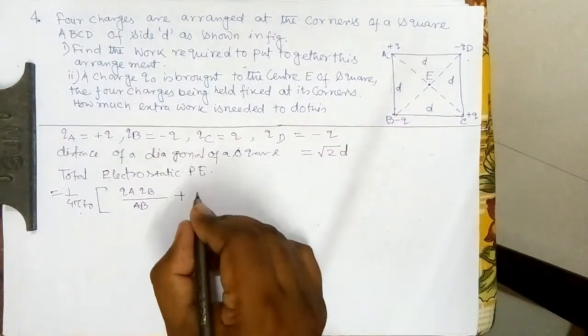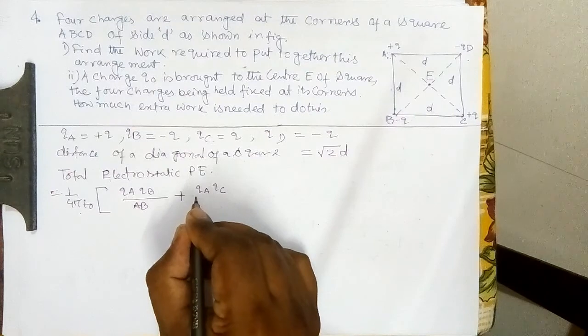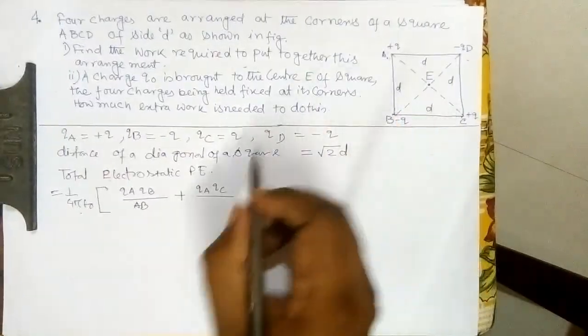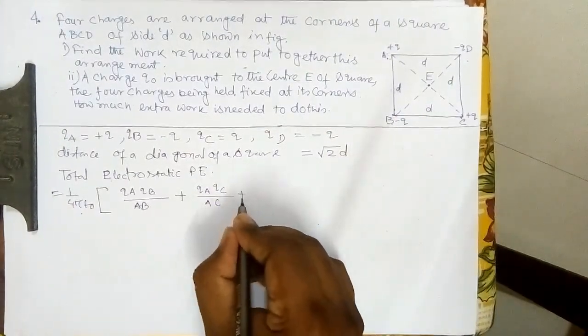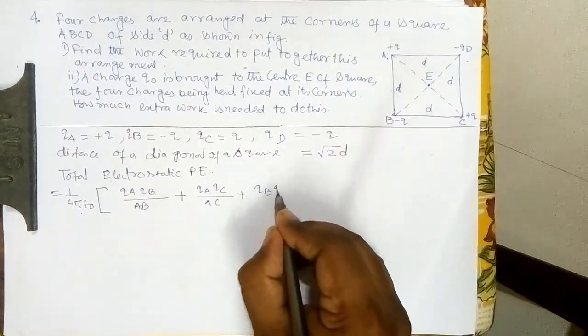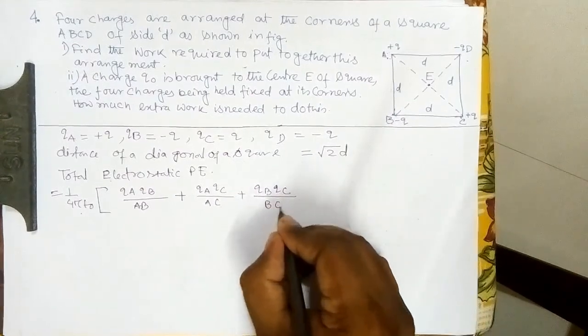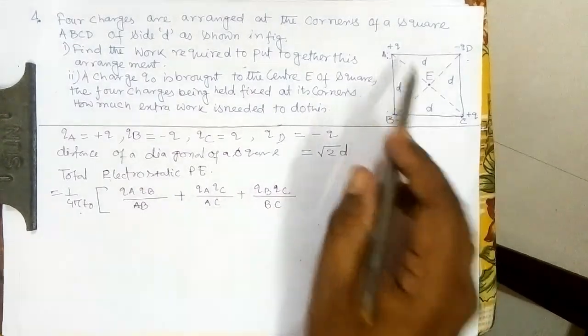So it will be QA into QC by the distance AC, plus QB into QC by the distance BC. Now three charges are kept.